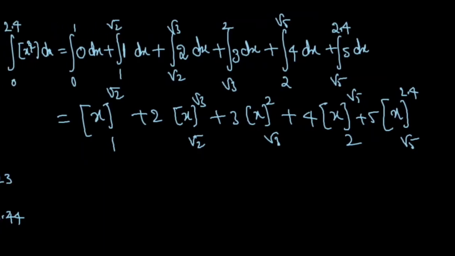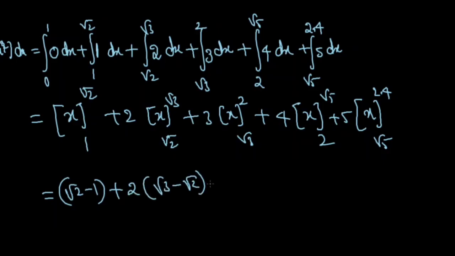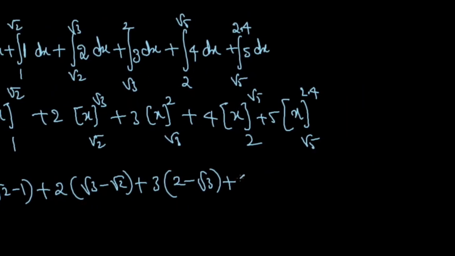So here: upper limit root 2 minus 1, plus 2 into upper limit root 3 minus root 2, plus 3 into upper limit 2 minus lower limit root 3, plus 4 into upper limit root 5 minus lower limit 2, plus 5 into upper limit 2.4 minus lower limit root 5.